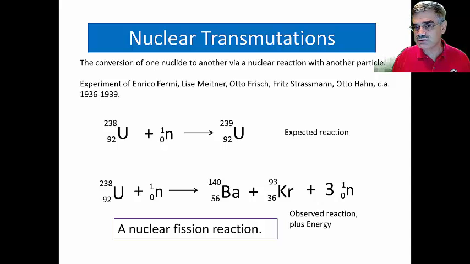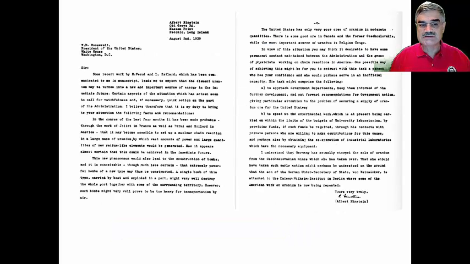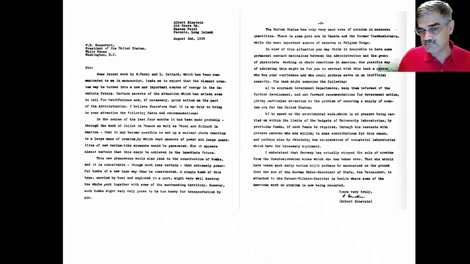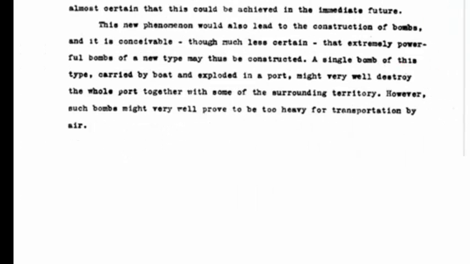In the next slide, I'm going to show you what many people consider to be one of the most important letters ever written. This is a letter from Albert Einstein to Franklin Delano Roosevelt, in which he says this phenomenon that has been discovered by physicists could lead to the construction of bombs. And it is conceivable, though much less certain, that extremely powerful bombs of a new type may be constructed.